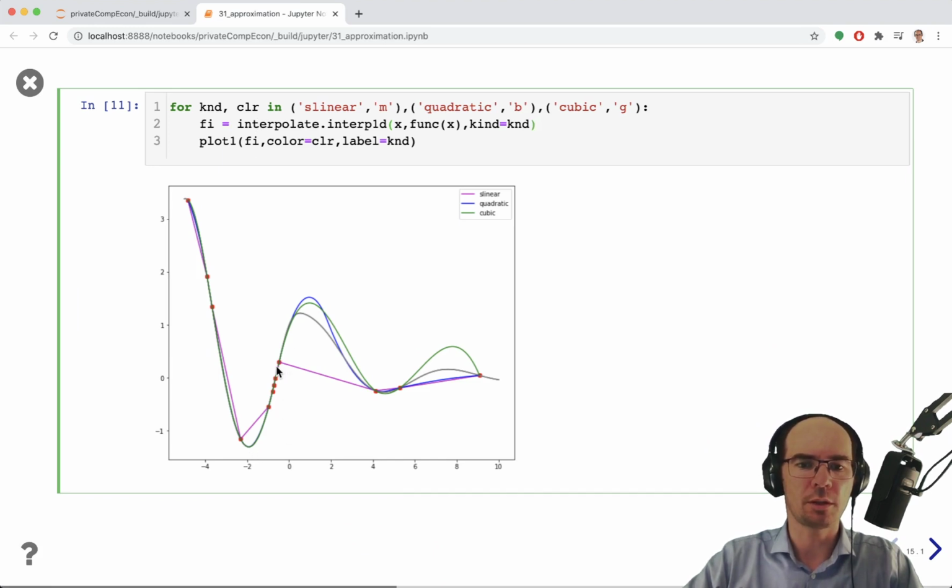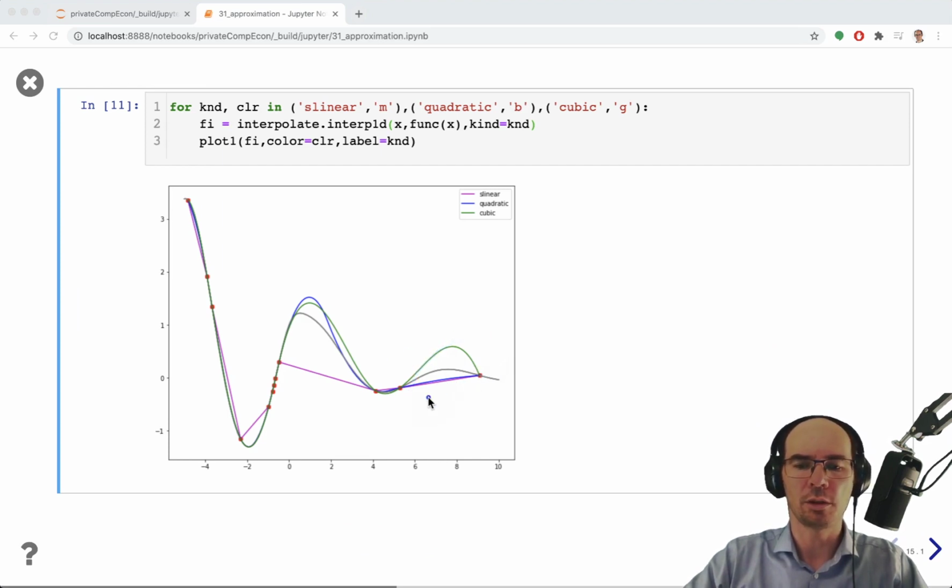Right, and you can see that the quadratic and the cubic, the higher order splines, are doing a much better job in replicating the function. Although already here it's kind of obvious that the cubic spline and quadratic spline are having some trouble over here, right? So the quadratic one is almost linear and the cubic one is going too high up.